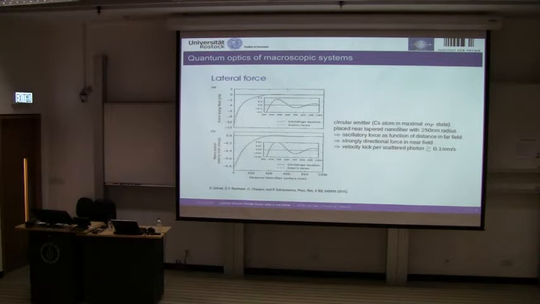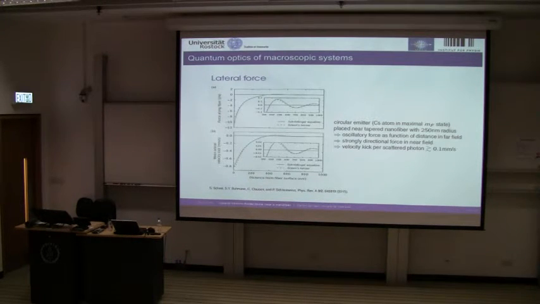So, how does it approximately look? These are our calculations for this lateral force on a single circular emitter, so a single cesium atom in a maximal modulus MF state. So this is roughly the near field. What you see over here is the force along the fiber in zeptonewton. You would think, well, this is not a lot, but it's huge, absolutely, because you can actually compute the mean velocity kick on one single atom per emitted photon.